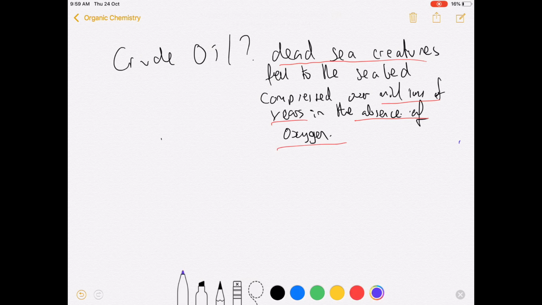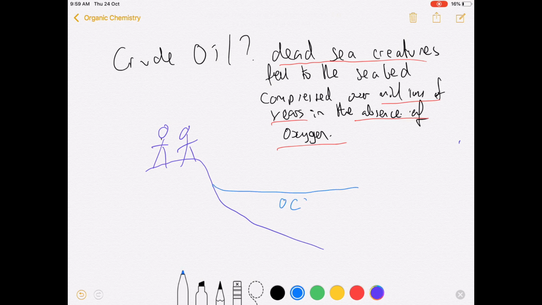And it's difficult to visualize this because, well, here's you and your mates, and you're on a hill, and at the bottom of the hill there is the ocean. And the seabed kind of levels out a bit. It might be a trough or a mountain or whatever happens. The surface of the water could be choppy, could be wavy, could be flat. It doesn't matter. Where is the crude oil?